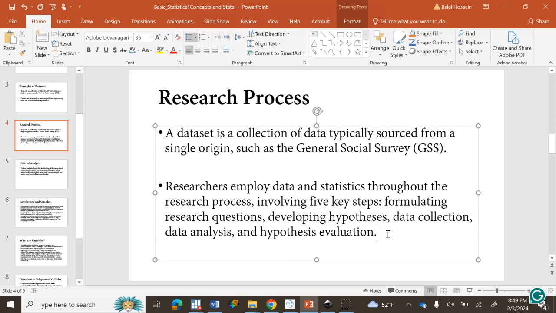So that is the positive association. And then you collect your data from your study area, and then you have your data analysis done, and assess whether your hypothesis has been supported by your data. So these are the key 5 steps that you need to follow.